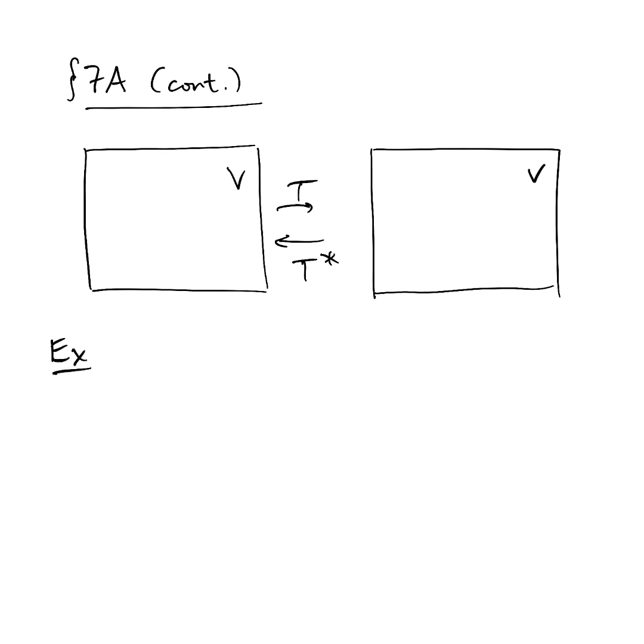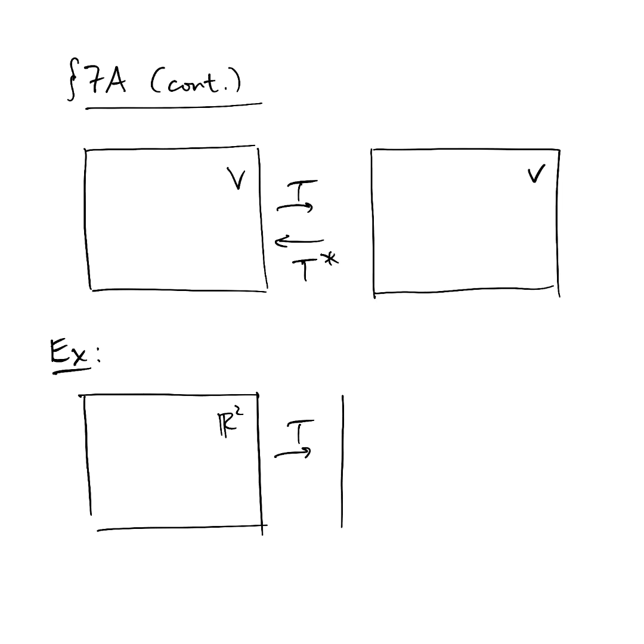In this example, things are very concrete. The box serving as our inner product space is R2. And T maps R2 to R2. And T has a very, very specific formula.